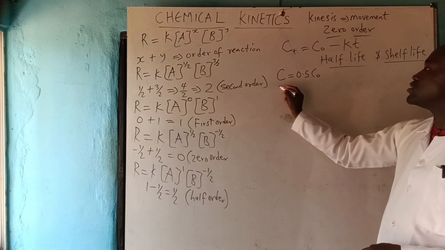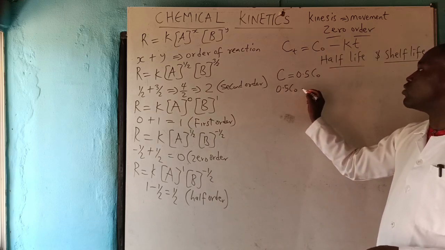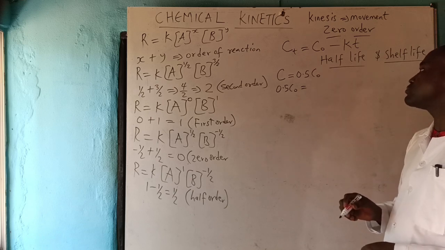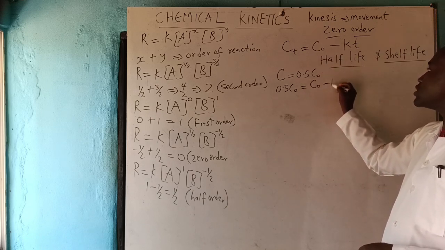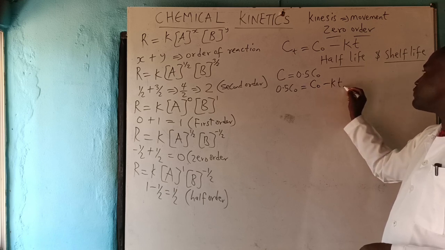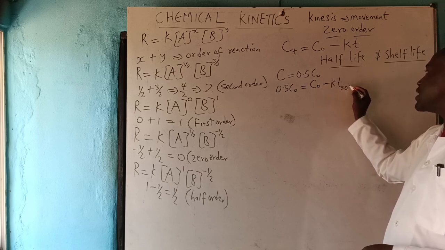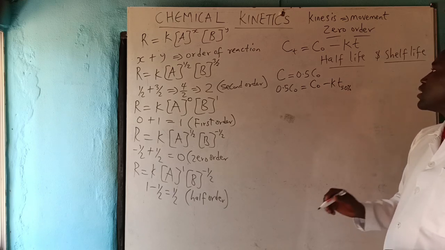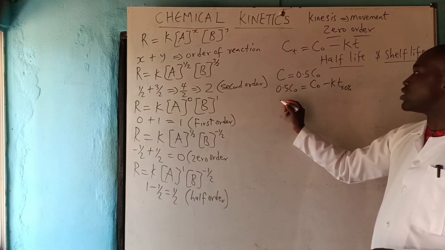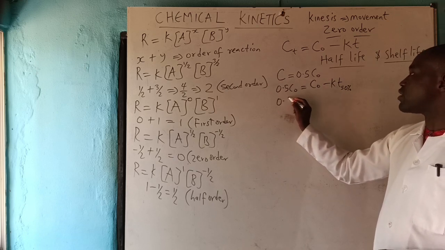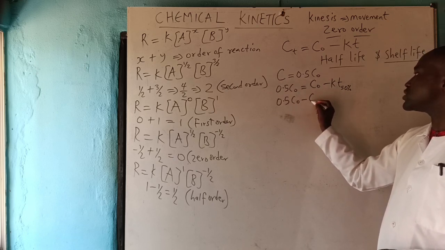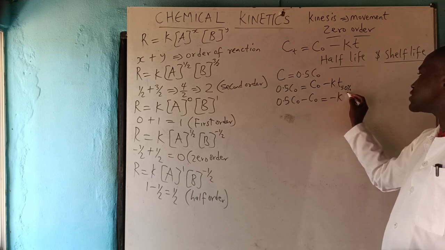You will be having 0.5 C0 equals C0 minus KT. And so minusing, you now say this is 0.5 C0 minus C0 equals minus KT.